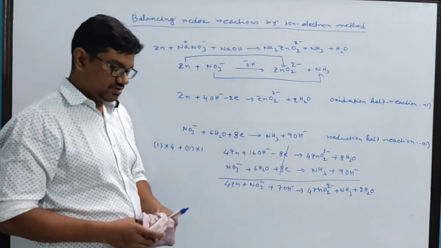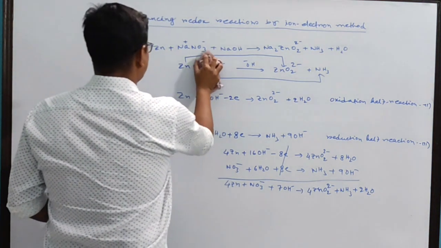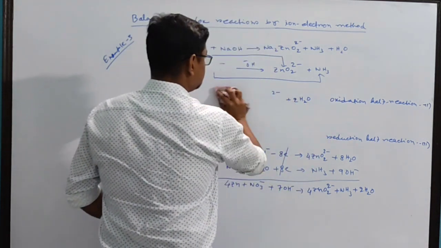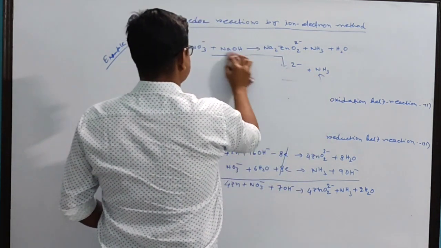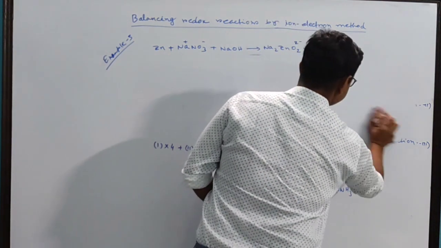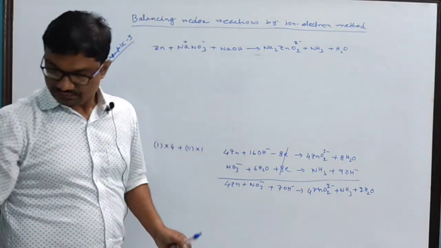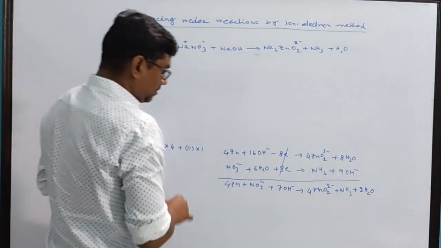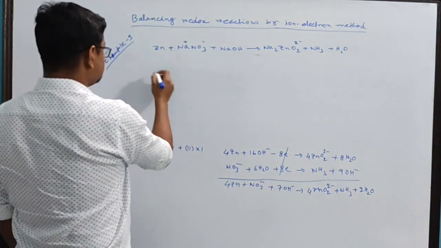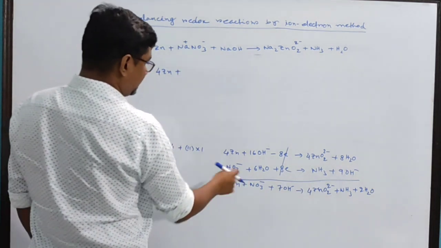Now we have to convert this reaction into molecular form, because the reaction was given in the molecular form. So let's convert that balanced redox reaction into molecular form. Here 4Zn, zinc will be as it is, so 4Zn plus NO3 minus.